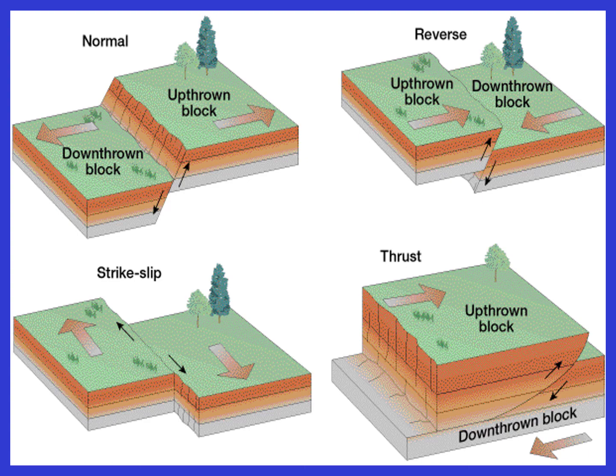Such movement is described as right lateral or left lateral, depending on the relative motion observed across the fault. Then we have, last, the thrust fault. When one block of the fault rises over the other along the fault plane, it is known as the thrust fault.